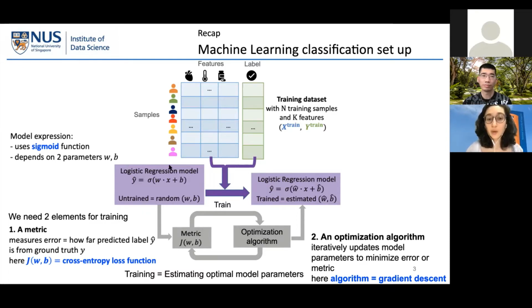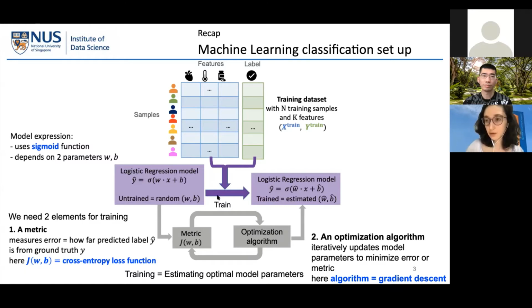We have some shape of a model that we would like to use to predict this target output variable y. It depends on some parameters, W and B, weight and bias, that we would like to fit to the data.